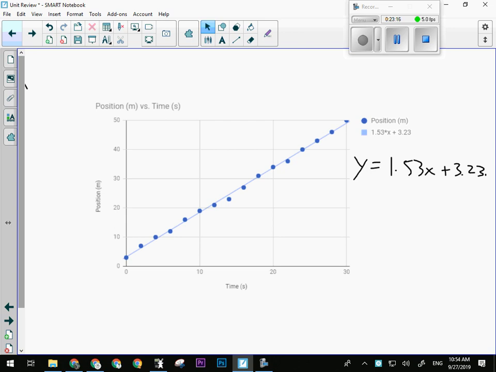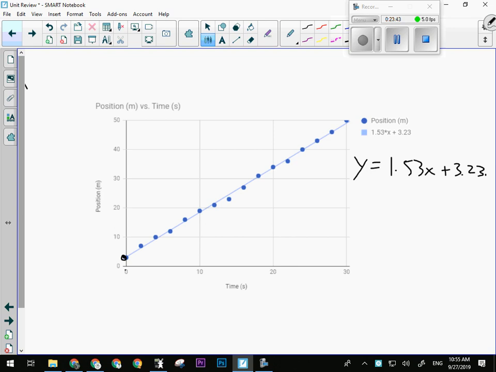The velocity of this object is 1.53 meters per second in a forward direction. And my initial position in this question was 3.23. Remember, my y-intercept, that's this number here, is where the object was at time 0. So that's my initial position.